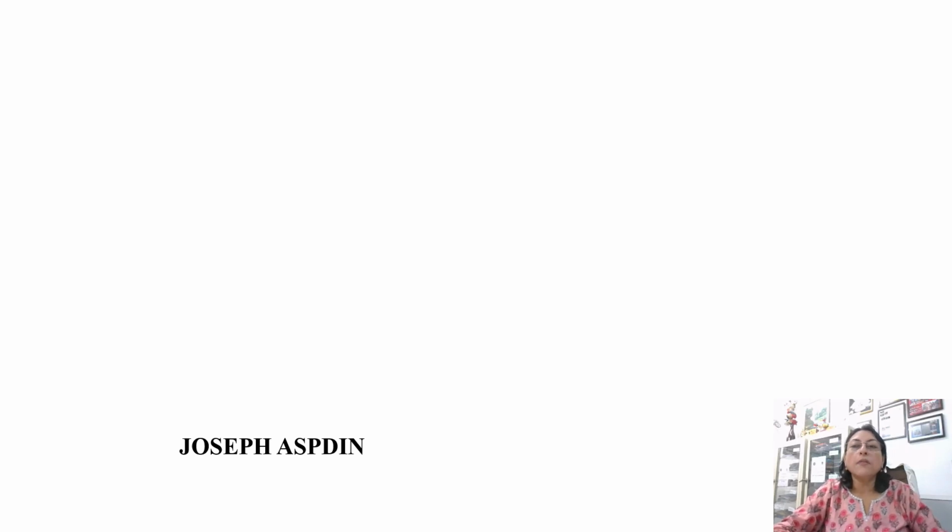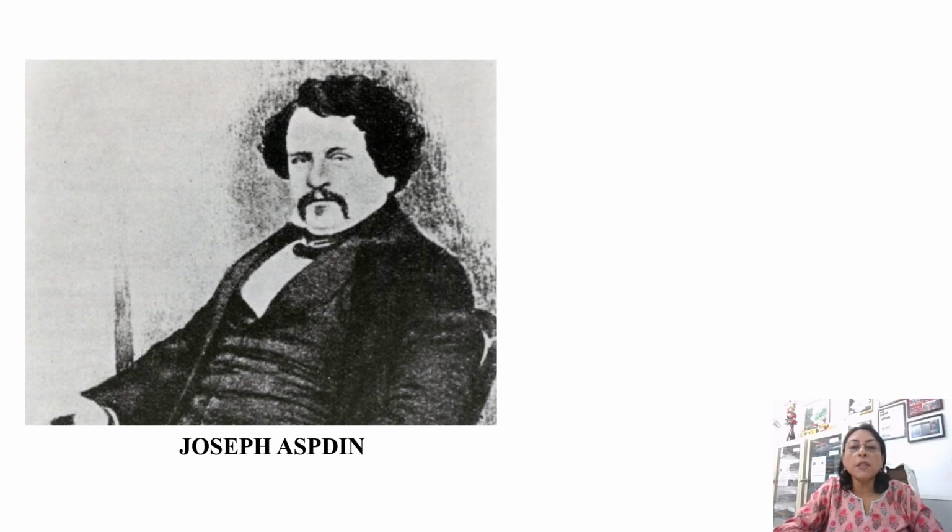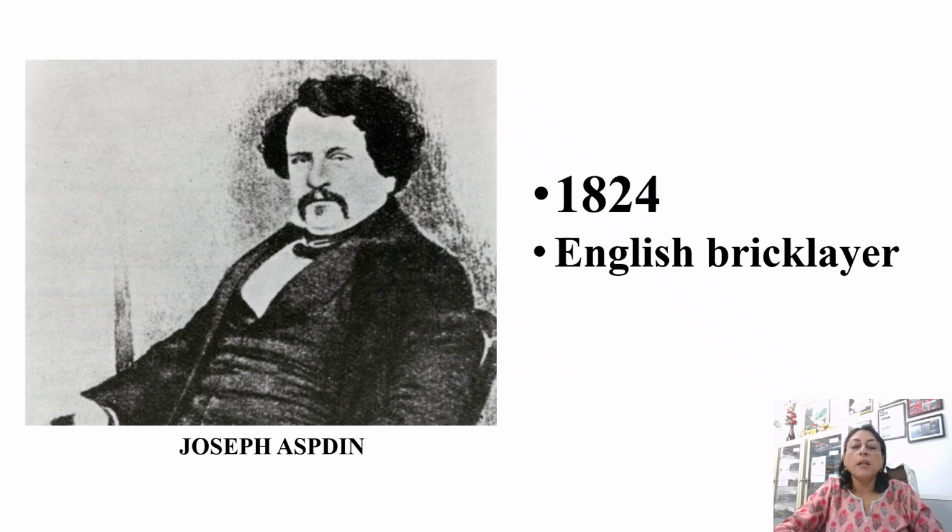So this started with Portland cement that was invented by Joseph Aspdin, who named it so for its resemblance to Portland stone. In 1824, Joseph Aspdin, who was an English bricklayer, patented a process which he called Portland cement.